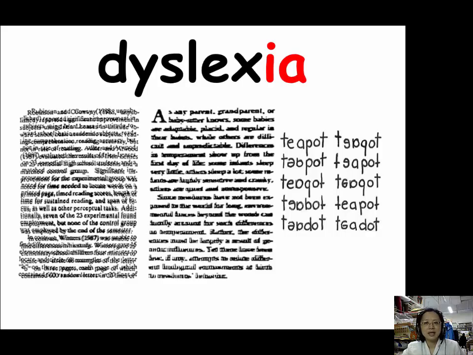They often say when they look at words, they are blurred or like this. And when they write, they have trouble writing like most of us write, like teapot. We will write like this, but they will write in many different fonts, just not like what we do. That's dyslexia.